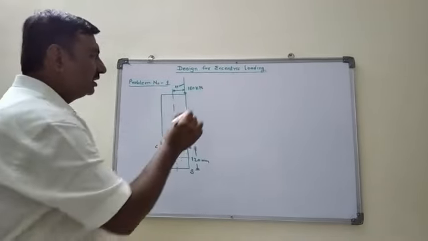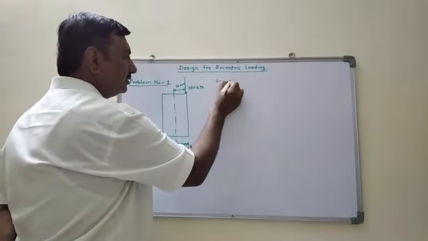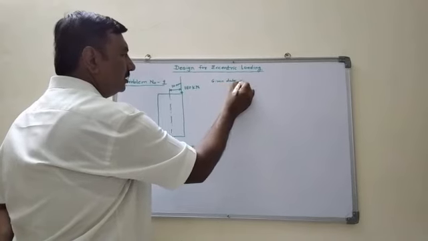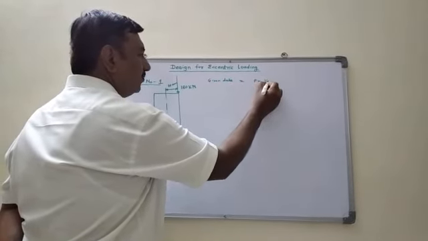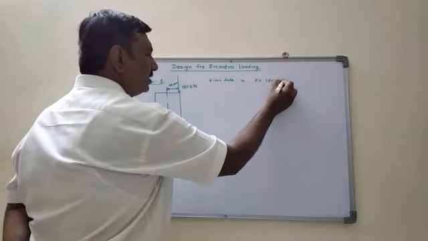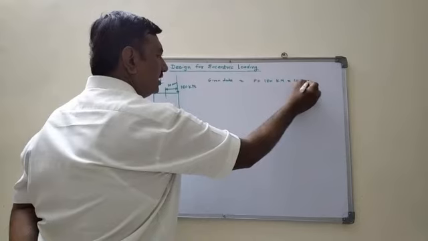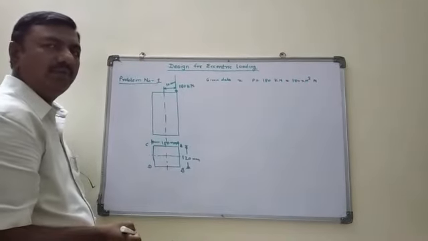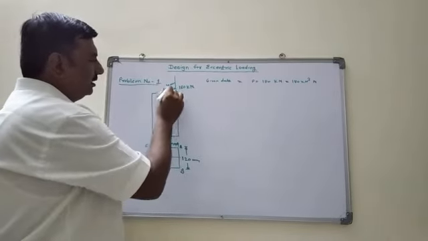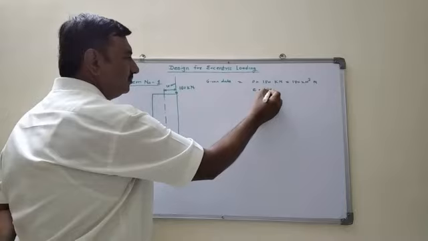So in the given data, we have P equal to 180 kilonewton, which is equal to 180 into 10 raised to 3 Newton. Then e, small e, is 10 mm.